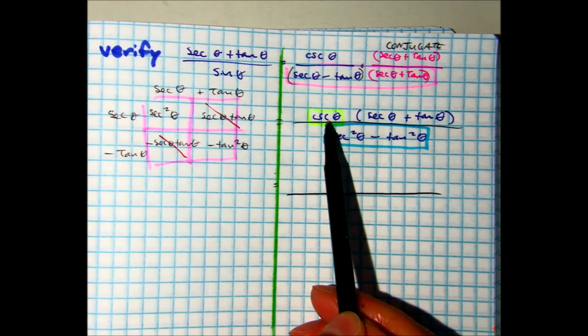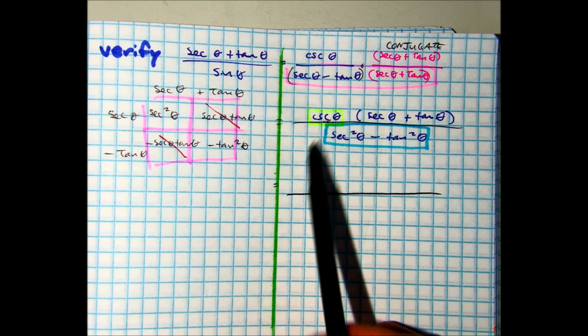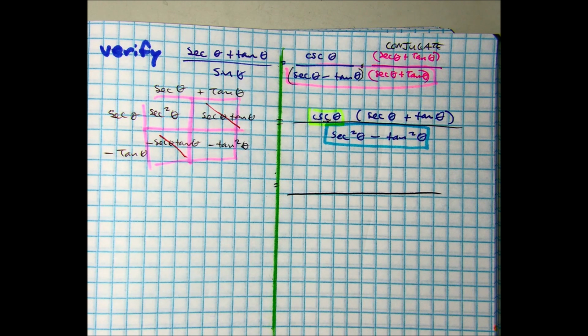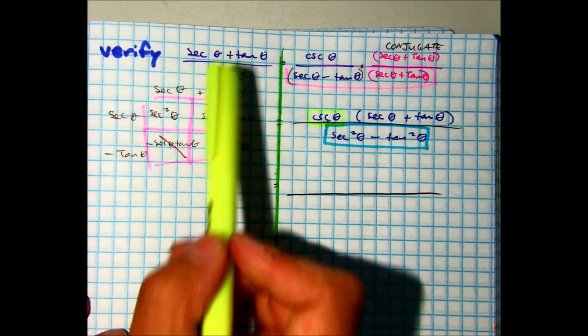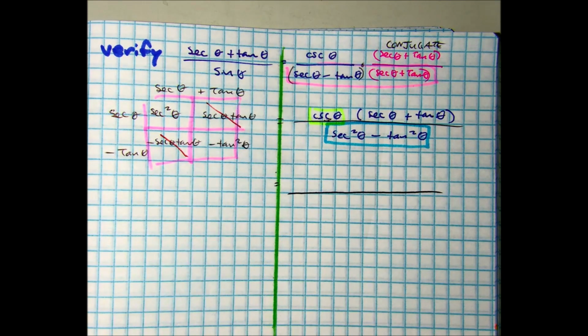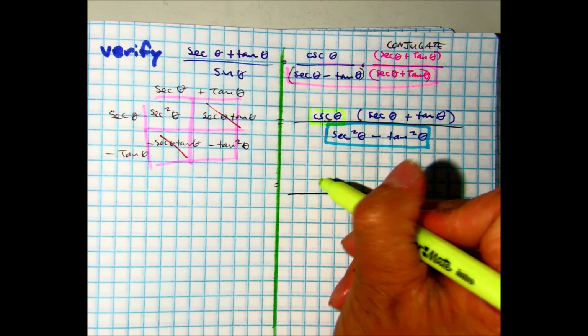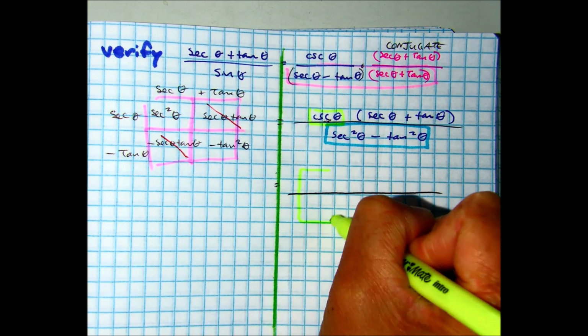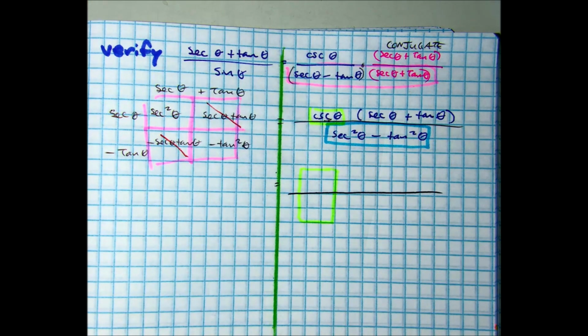Josh, which identity do you think I'm going to use with the one in yellow? You can look over here. I see cosecant. I see sine. Look at your formula sheet. I'm sorry?